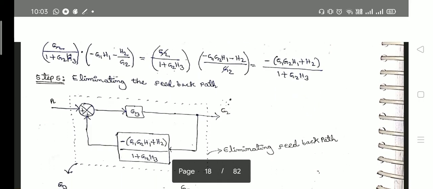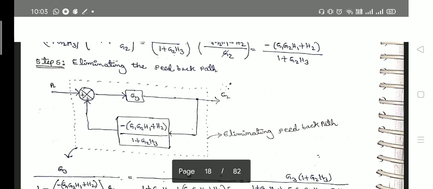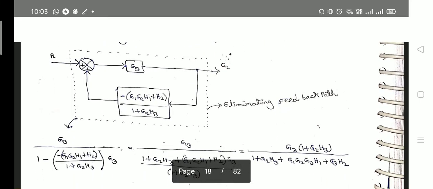Okay, again these two are in a positive feedback loop to eliminate. So from this, G3 by 1 plus minus of minus G1 G2 H1 plus H2 by 1 plus G2 H3 into G3, so minus minus becomes plus here.